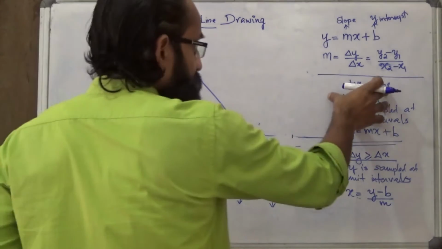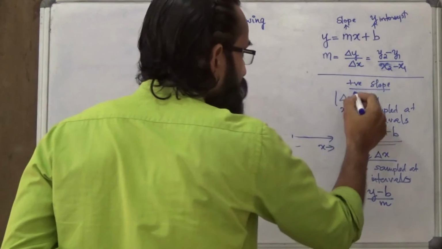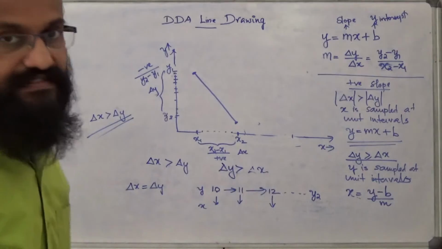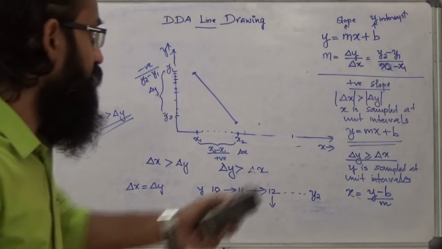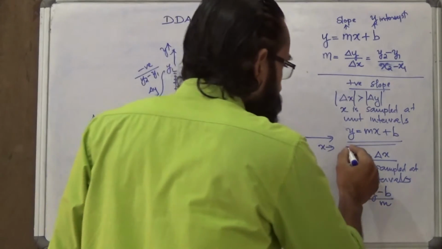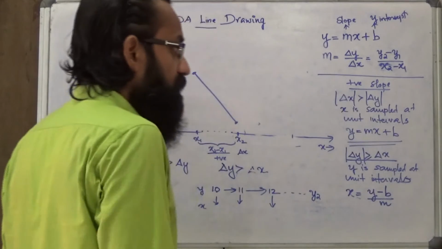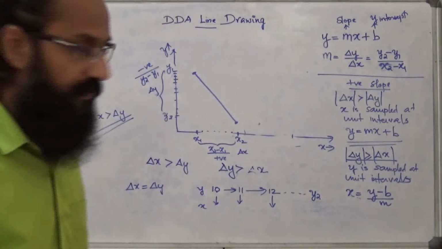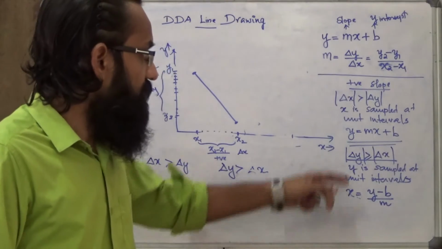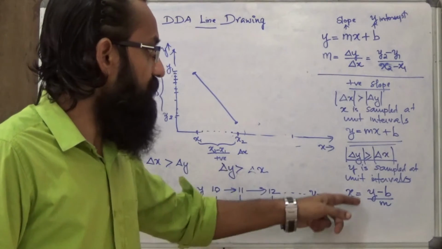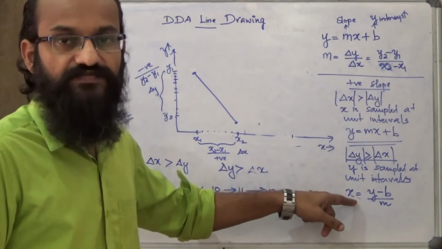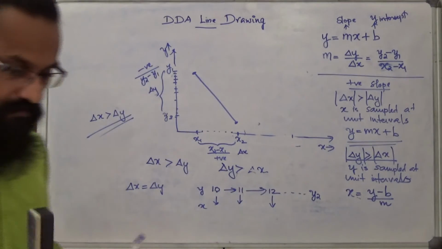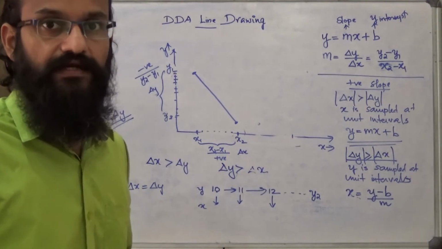So we can extend this particular policy. If modulus of delta x is greater than modulus of delta y, then sample x at unit intervals and determine the corresponding y value using this equation. Else if modulus of delta y is greater than or equal to modulus of delta x, then sample y at unit intervals and determine the corresponding x value using this equation. So this is the basic idea behind the DDA line drawing algorithm.